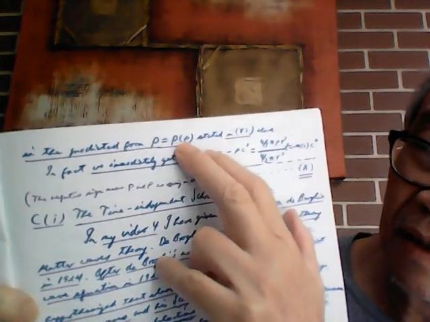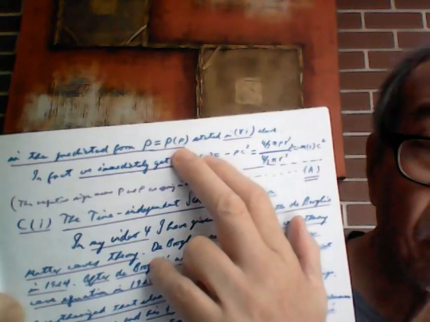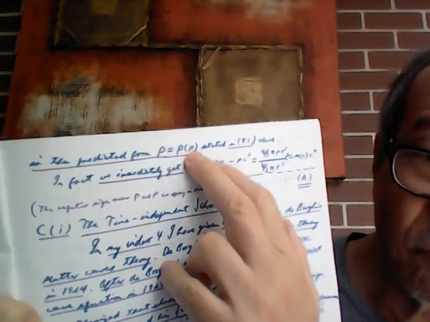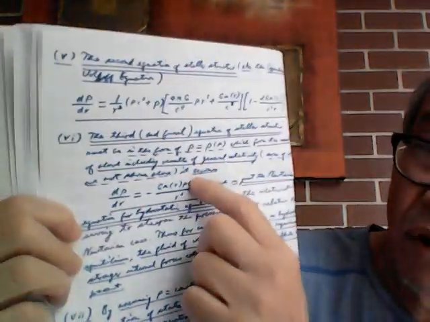Now the equation is in the predicted form of P equal to P of rho. That is to say, the pressure can now be expressed as a function of the net mass density stated in 6 above. So it's correct. We have obtained the correct derivation.